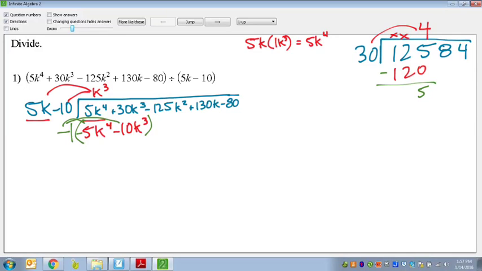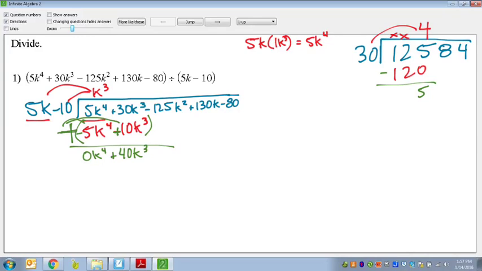And instead of negative 10k cubed, we have positive 10k cubed. Okay? And then we just combine the terms we can. So 5k to the fourth minus 5k to the fourth is 0k to the fourth. And then 30 plus 10 is 40k to the third.